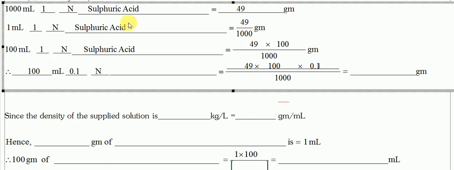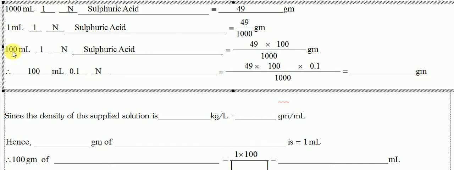Okay, the next line, we have to write the volume that is given for the calculation of our intended solution. We have to prepare 100 ml solution, so we have to write the volume first. The volume is 100 ml, which is much greater than the 1 ml. So we will require more sulfuric acid than for the 1 ml.